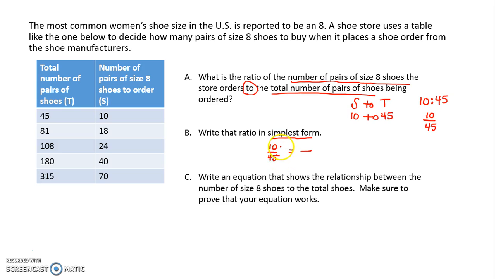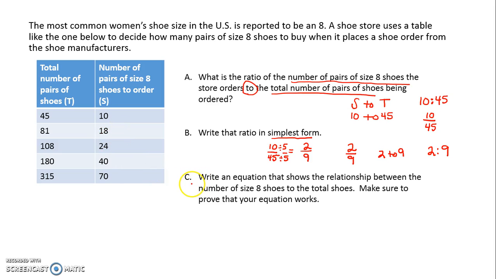Oh, I could divide 10 and 45 by 5. Both could be divided by 5 to write that in simplest form. 10 divided by 5 is 2. 45 divided by 5 is 9. So I think the ratio in simplest form you'd write as 2/9 or 2:9. All right.